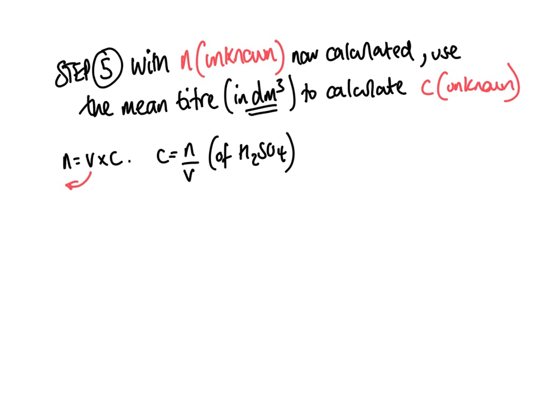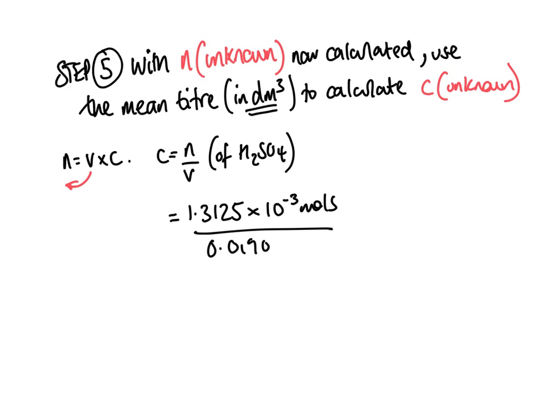We've just calculated that we have 1.3125 times 10 to minus 3 moles that we've been reacting with, and our mean titer value, which we've worked out in step 1 in decimeter cubed, was 0.019075 dm cubed.